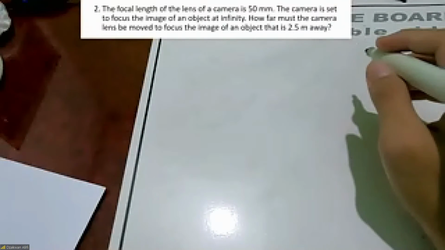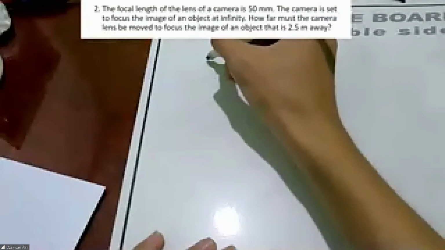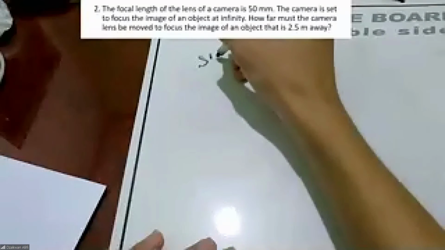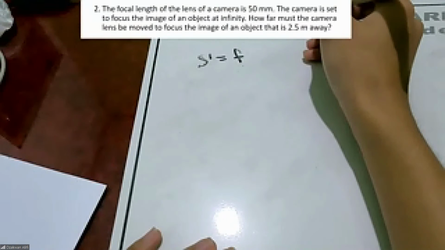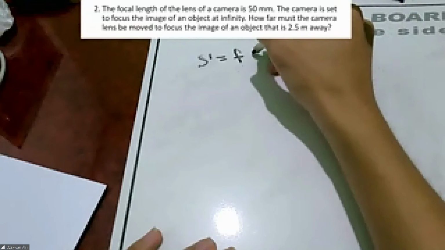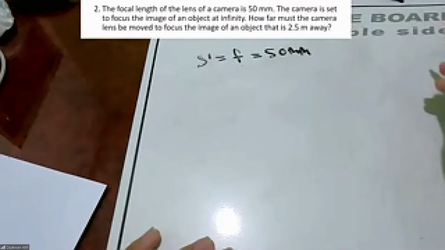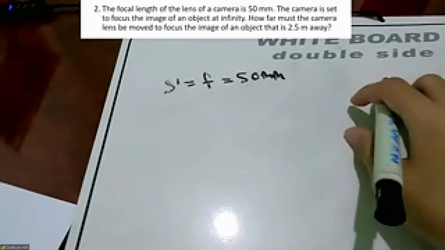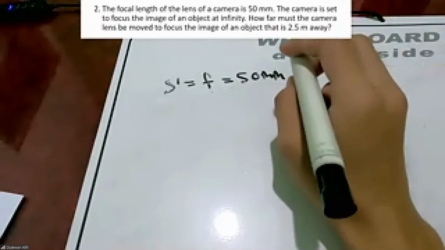In other words, s accent equals f, and the focal length is 50 millimeter.